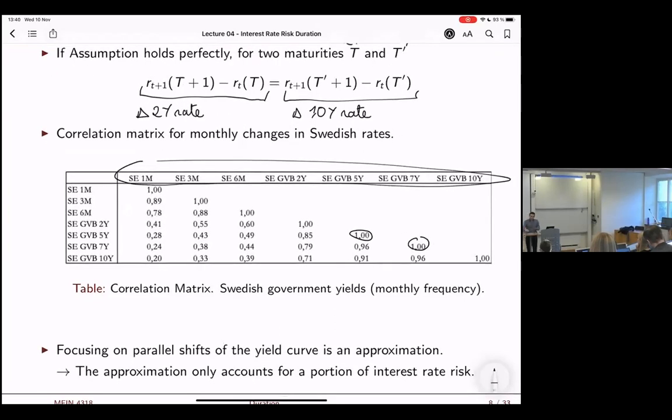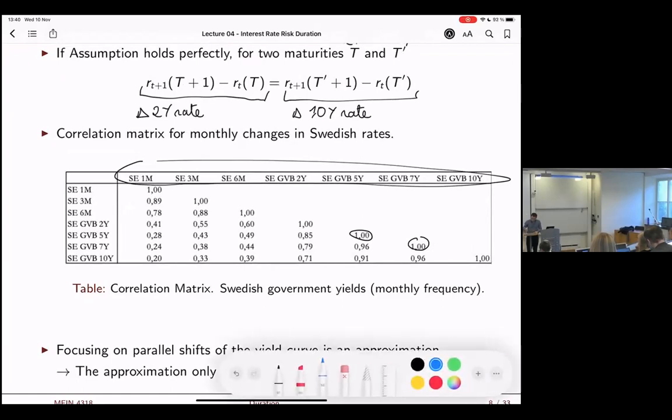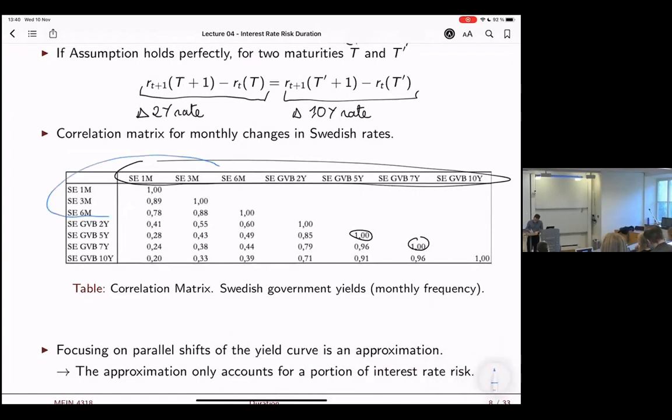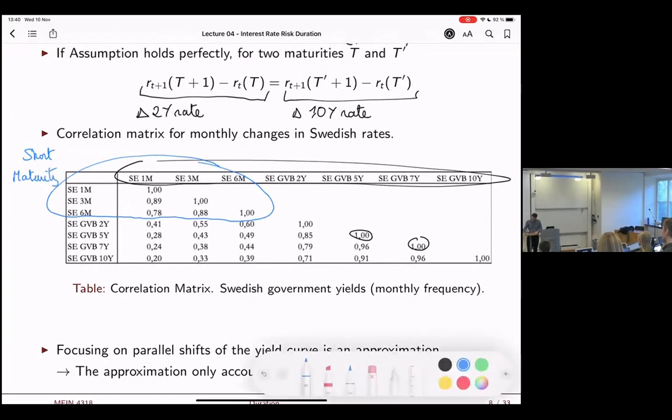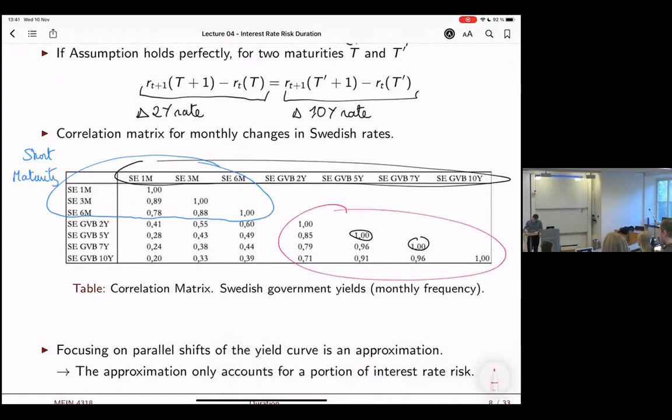There's still some hope to the extent that, if you look at short maturity, so you focus on this part here, as well as the part at the bottom here, long maturity.